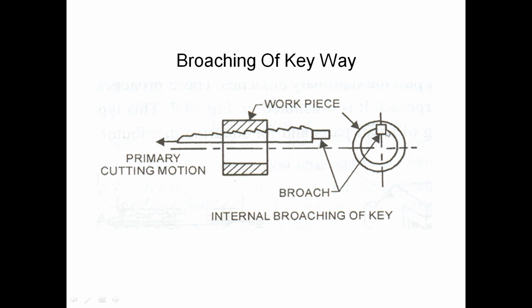So we can produce a keyway or keyway cutting, so that we can transmit the motion from one element to another element. For power to be transmitted, we definitely require keyway cuttings or alignment. By using these keyway cuttings, we can transmit the motion from one element to another element.